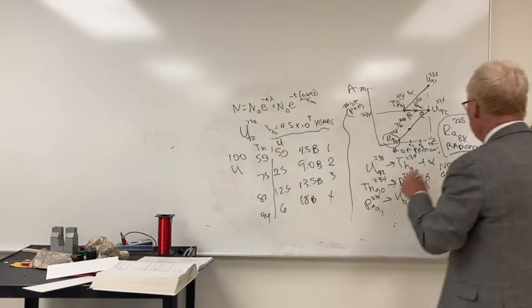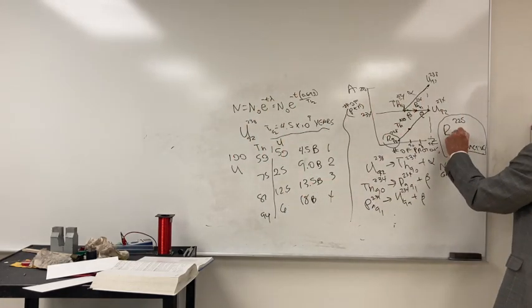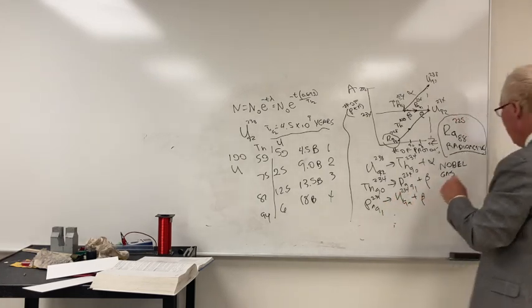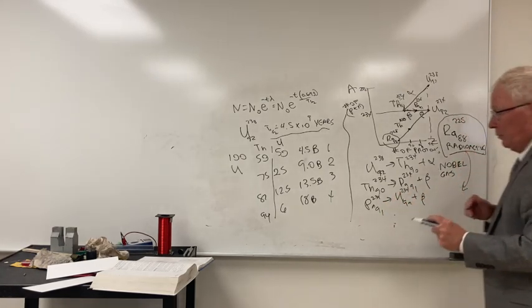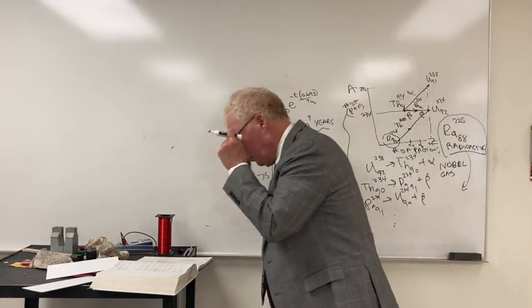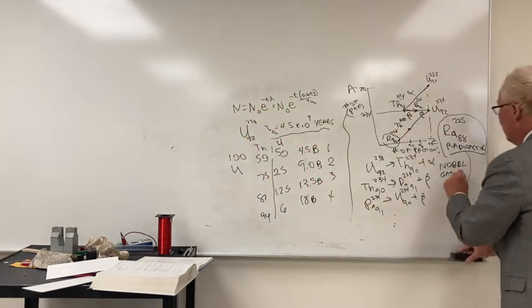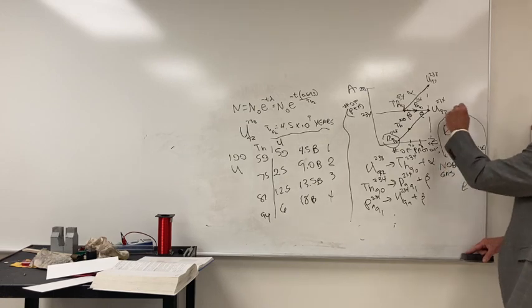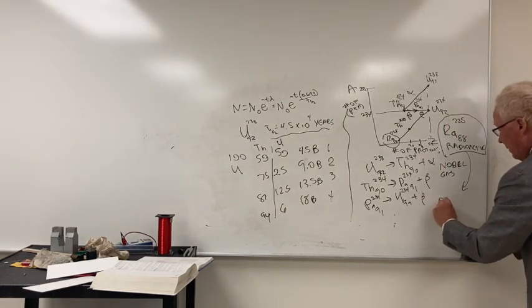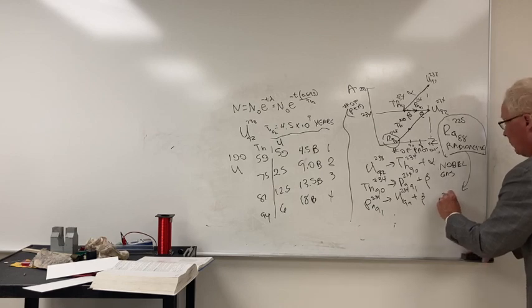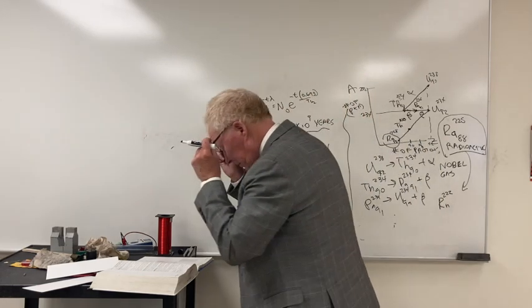Radon, this is radium. This is radium. Radon is radioactive. Radium eventually breaks down to radon. So this is radium, and this breaks down to radon, Rn-222, I believe.